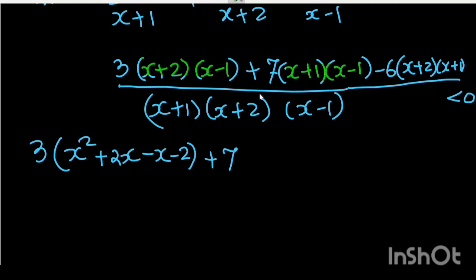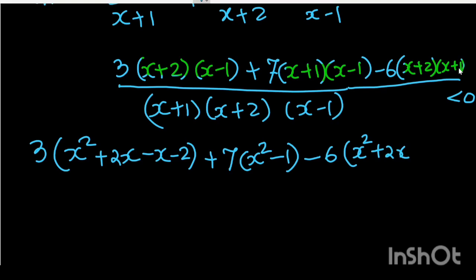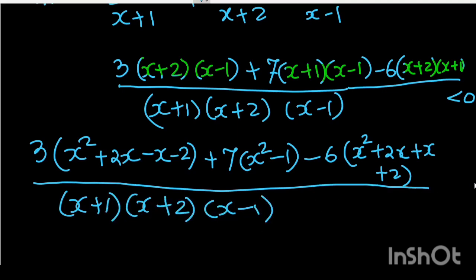We can use (a plus b)(a minus b), so we get a square minus b square. Directly we can write x square minus 1. Now the next is x plus 2 into x plus 1: x square, x into 2 is 2x, then 1 into x is plus x, then 1 multiplied by 2 is plus 2. This whole upon these three factors, x plus 1, x plus 2, x minus 1, less than 0.